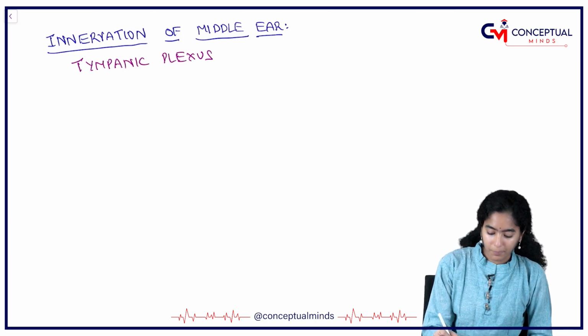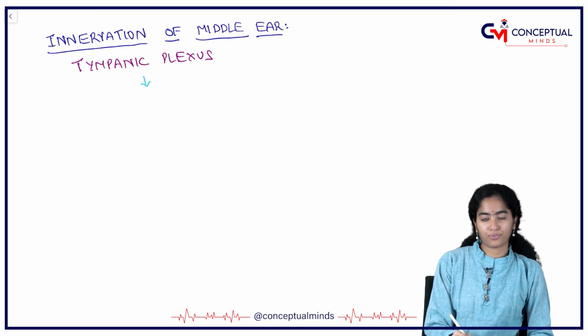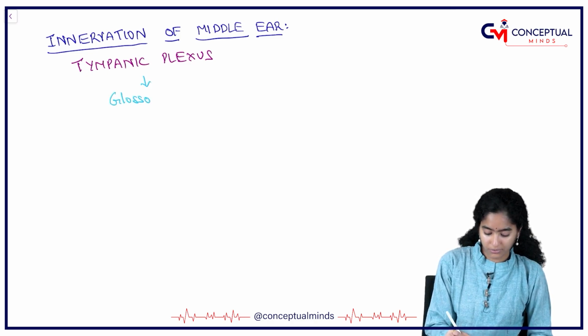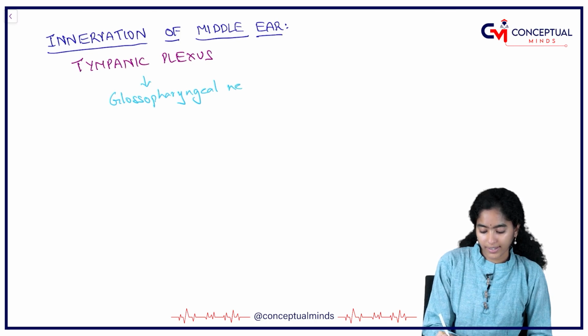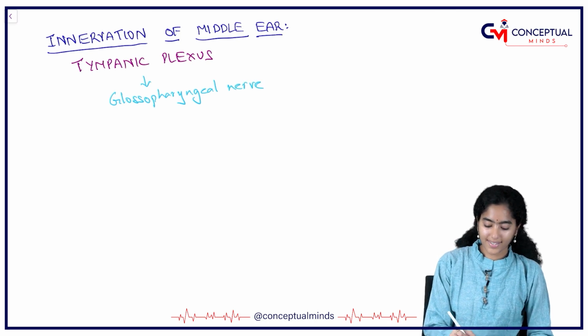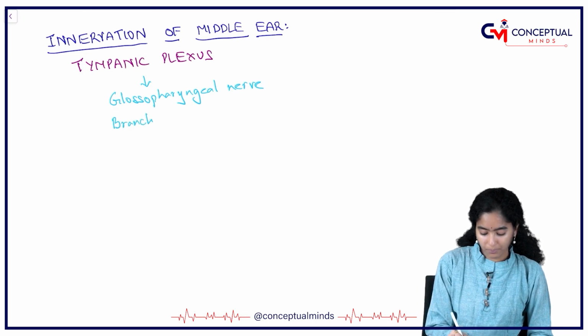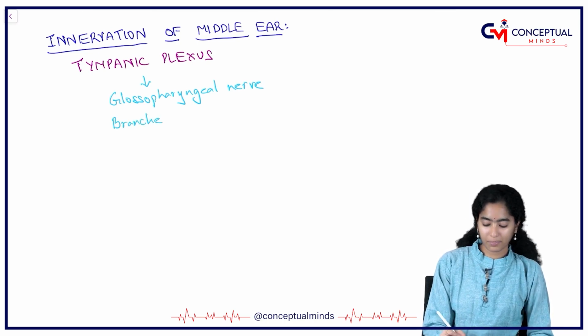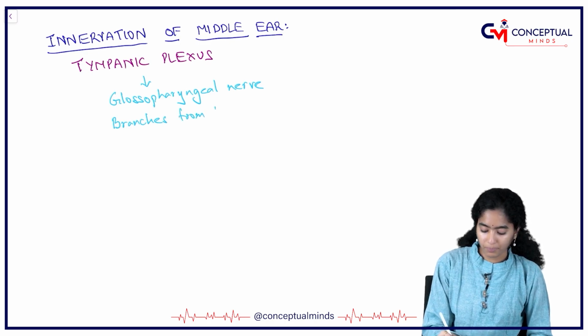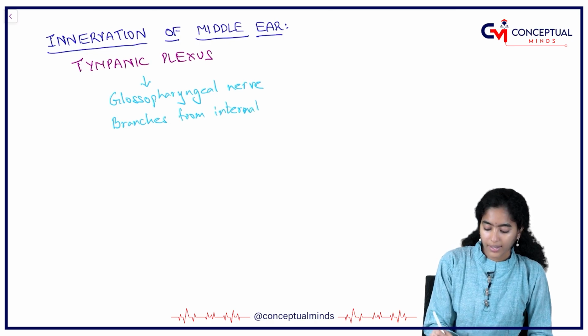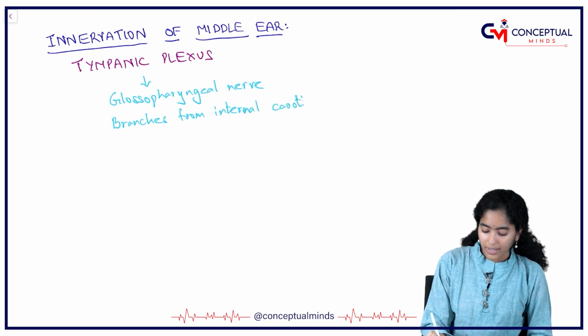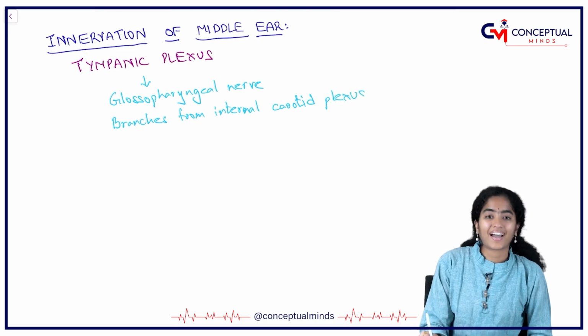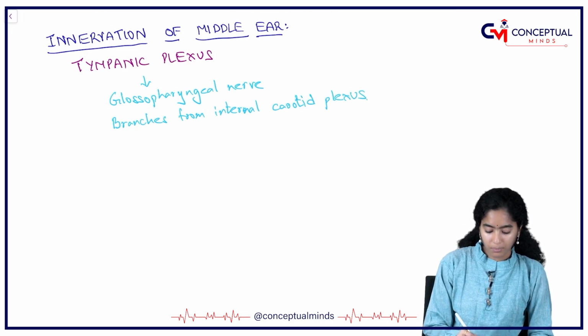This tympanic plexus is formed by branches from glossopharyngeal nerve. Glossopharyngeal nerve is the ninth cranial nerve. Plus, it also has contributions from the branches of internal carotid plexus. These two together form the tympanic plexus, which is present on the promontory of middle ear.